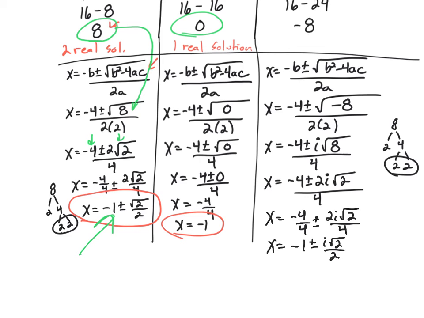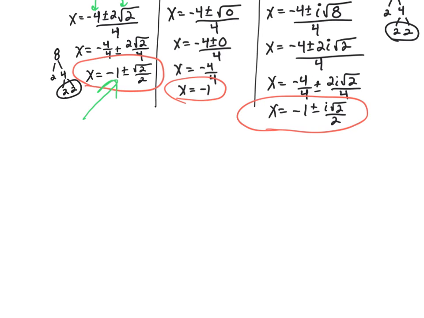And you'll notice both of our answers, negative 1 plus i root 2 over 2 and negative 1 minus i root 2 over 2, both have an imaginary number, so we don't get any real solutions. So our complex number would be negative 1 plus or minus i root 2 over 2. All right, so now I want you to do the same thing with the problem you had earlier.